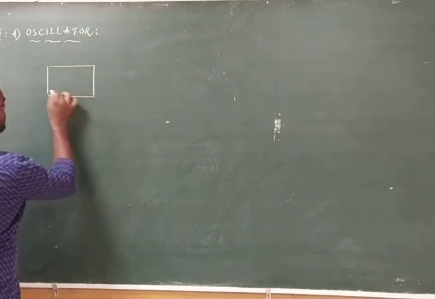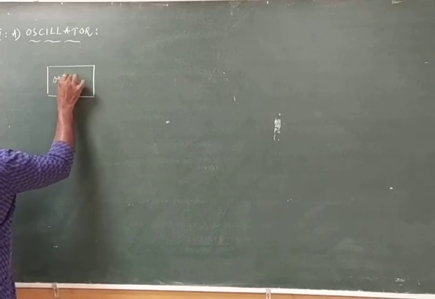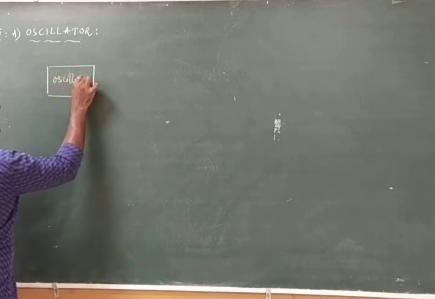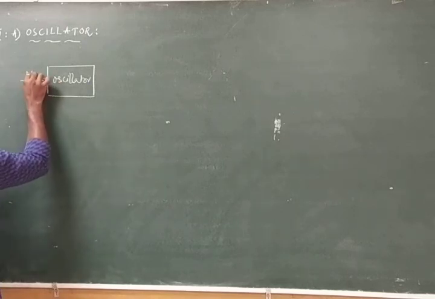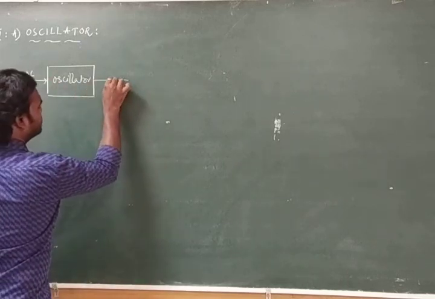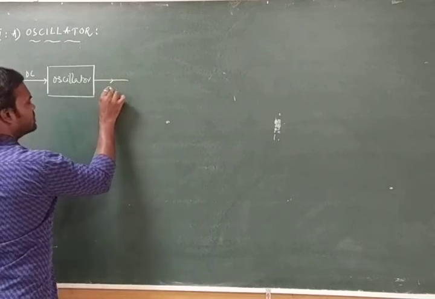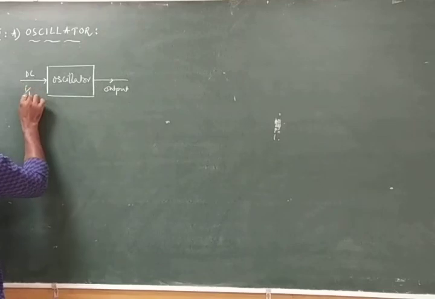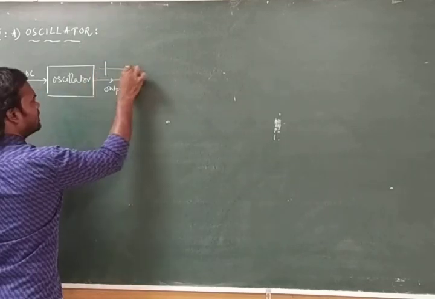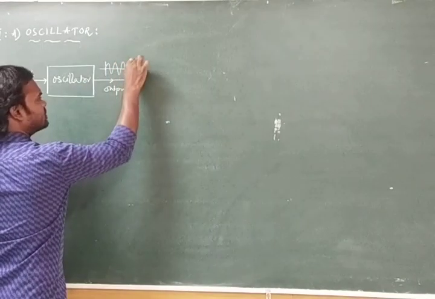Then generally the oscillator block diagram will be like this. It is an electronic circuit, an oscillator, to which we will be giving the biasing DC voltage, and it can generate the oscillations at the output. This is output and this is input. Oscillations are nothing but an AC signal only. This is oscillation.